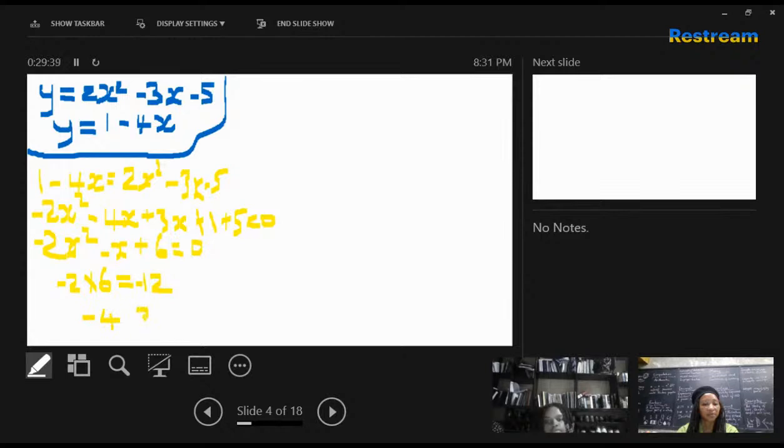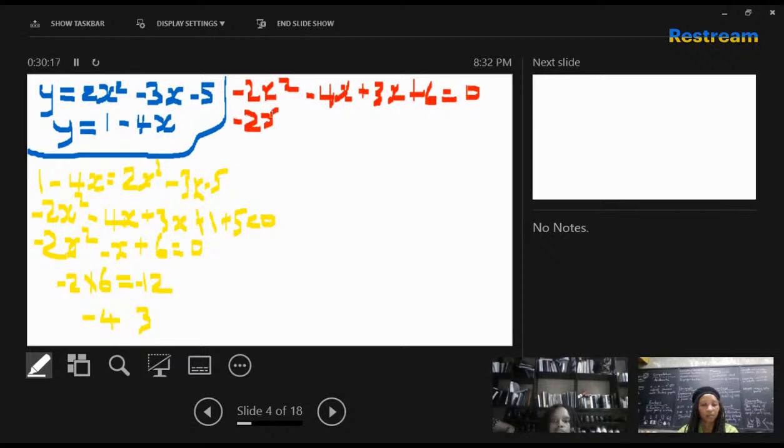Okay, very good. So we're going to substitute negative x for those. So negative 2x squared minus 4x plus 3x plus 6. So we're going to factorize. The common factor of negative 2x squared and negative 4x is negative 2x.